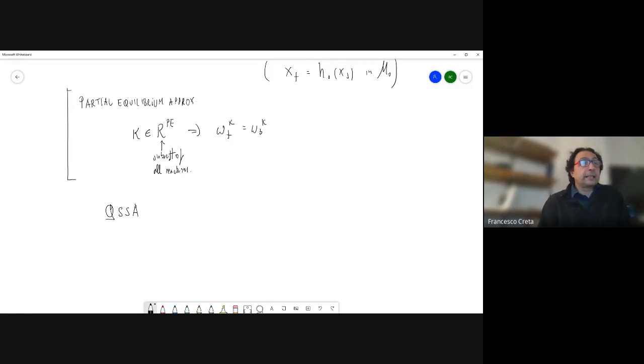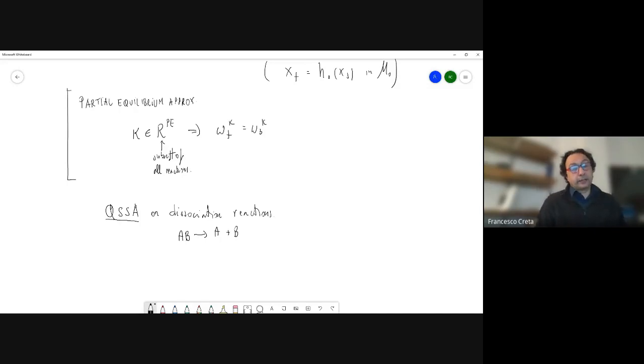So let's use the quasi-steady state approximation on something that we've already seen, on dissociation reactions. And if you remember, dissociation reactions are reactions that we can globally represent by a reaction of this kind.